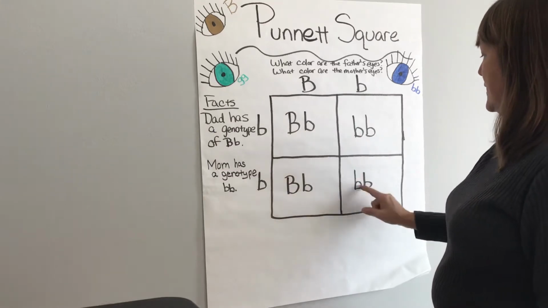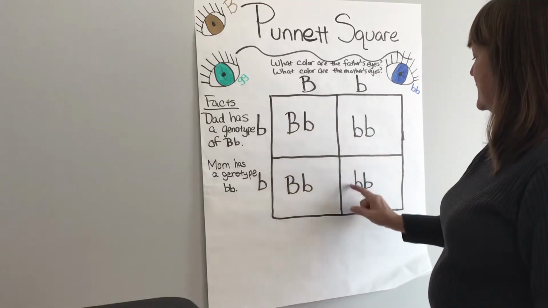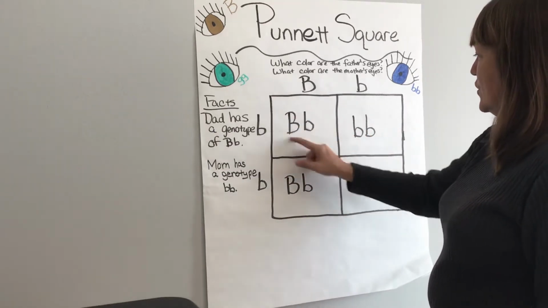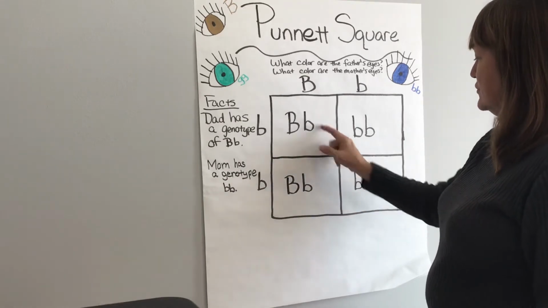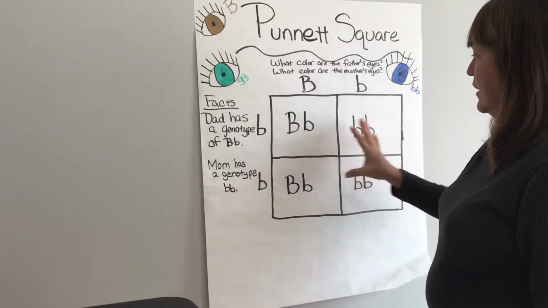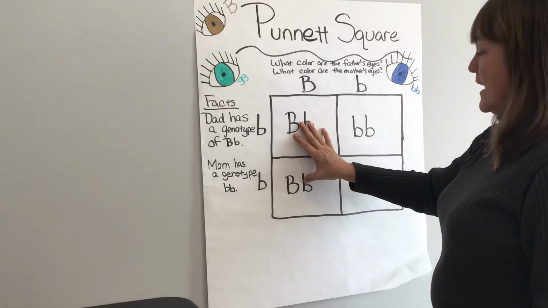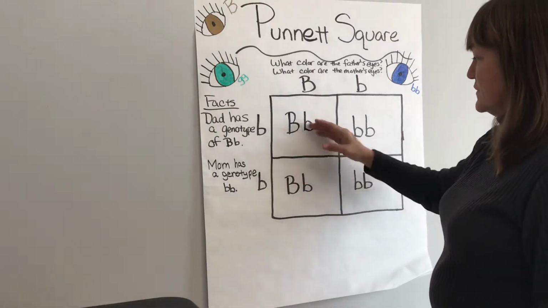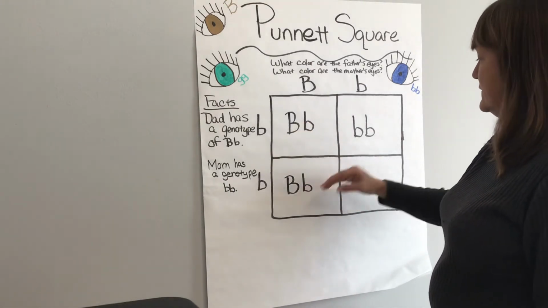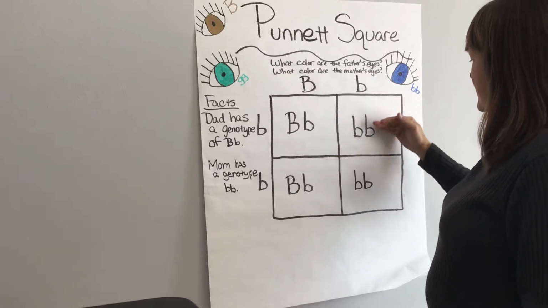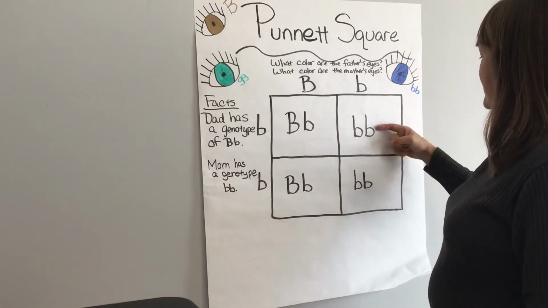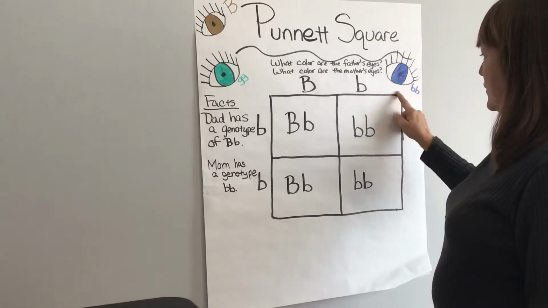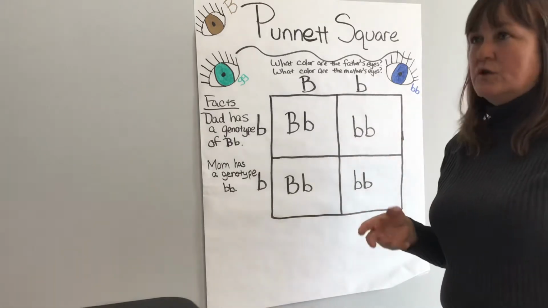So look in each box and see which ones have a dominant trait. So we have 1, 2. 2 out of 4 would have brown eyes. That's the possibility. So 50% chance of having brown eyes for their offspring, and 50% chance of having what? Blue eyes.